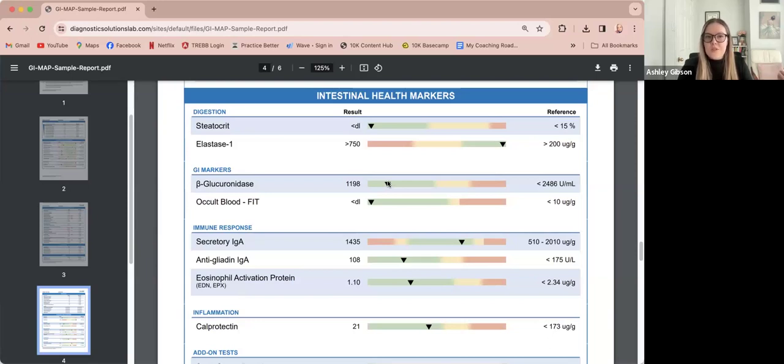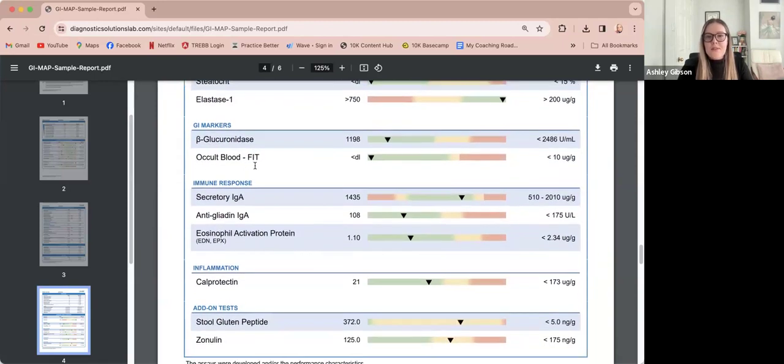So if you've heard of estrogen dominance, what happens there is either estrogen is too high, or estrogen is having a hard time getting out of the body. That could be because we're not eliminating it from our stool, and this marker tells us that. Like I said, not a problem for this client, but I just wanted to explain what that means.